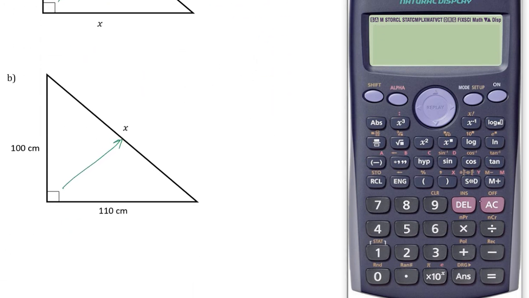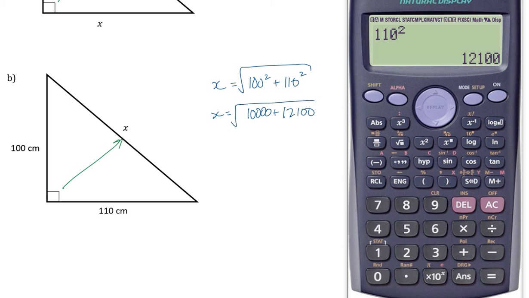For this one, I'm looking for the biggest. So the other two have to add up to it. But I always have to square them both, and I always have to take the square root of everything. How about this time I show that extra step? So 100 squared is 10,000. 110 squared is 12,100.